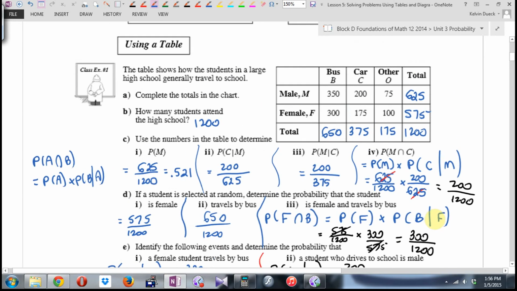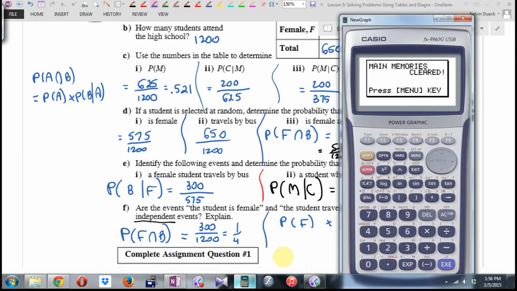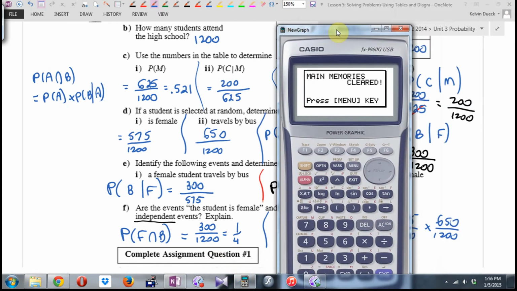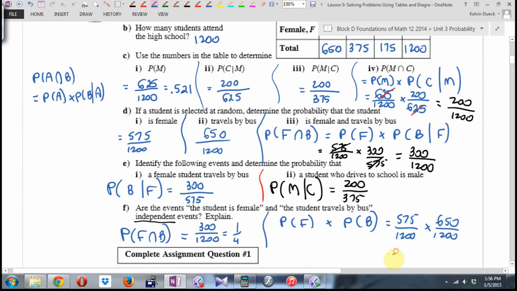What's the probability so they ride the bus? 650 out of 1,200. If I multiply that together, 575 out of 1,200 times 650 out of 1,200. I get 299 out of 1,152.